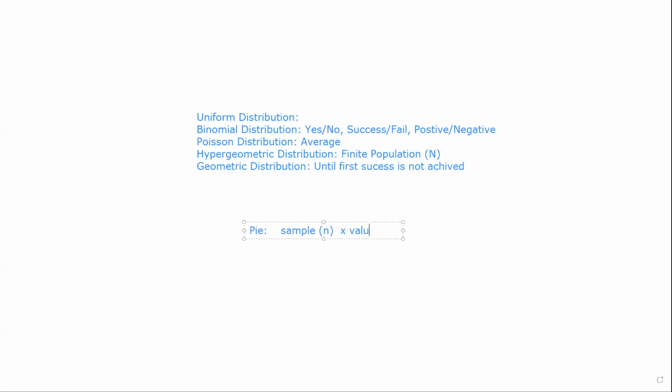If you are able to figure out these 3 numbers in any question, you are able to understand the probability of that event. Male, female, whenever you have 2 options, certainly they are going to be considered binomial.